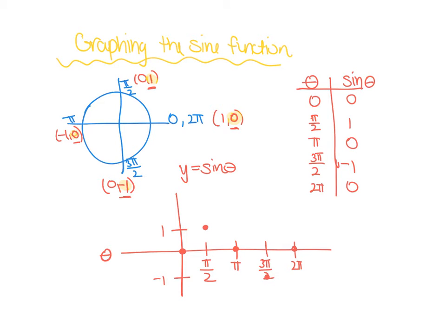Now, yes, we could graph the y value at pi sixths, the y value at pi fourths, the y value at pi thirds, right? But if we did, what you would see is it would kind of follow that little curve right there, okay? So even though we're not graphing pi sixths, pi fourths, pi thirds on here, all those points are technically there, okay?